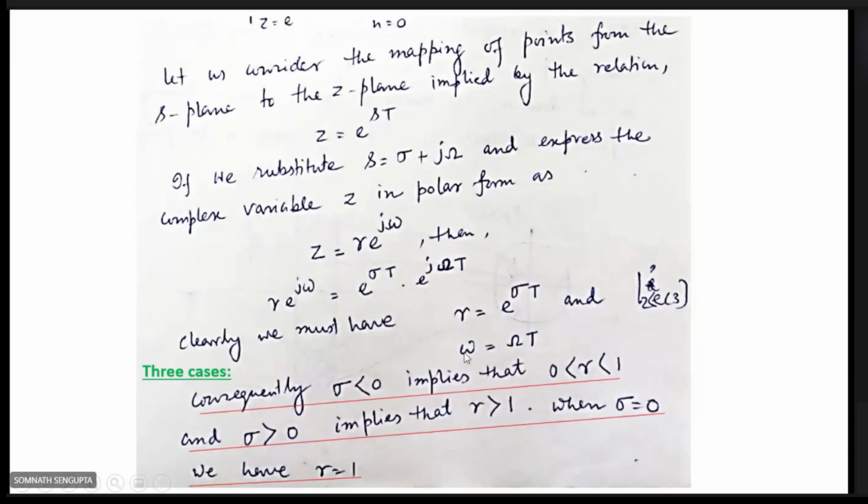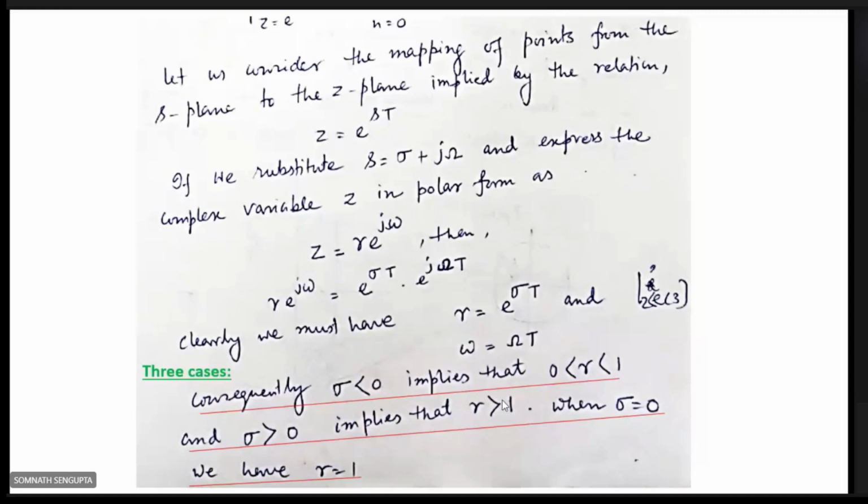So we can relate small omega as capital omega into T, or digital frequency is f by fs, where f is the continuous frequency, and T is the sampling interval or reciprocal of sampling frequency, 1 by fs.